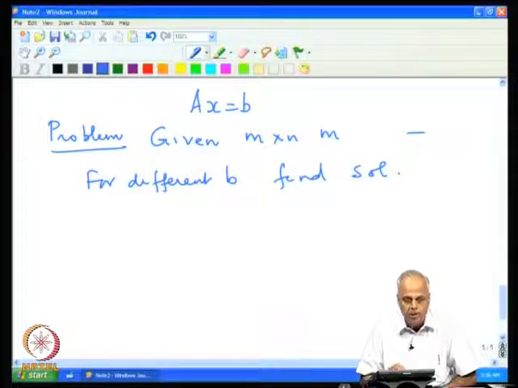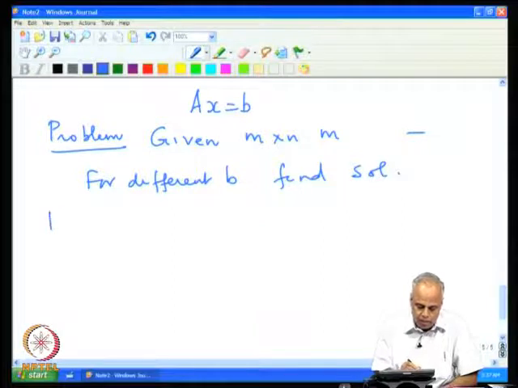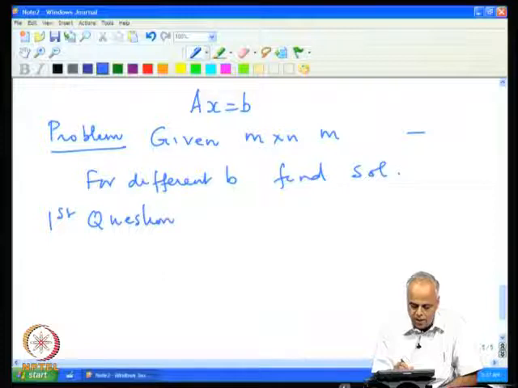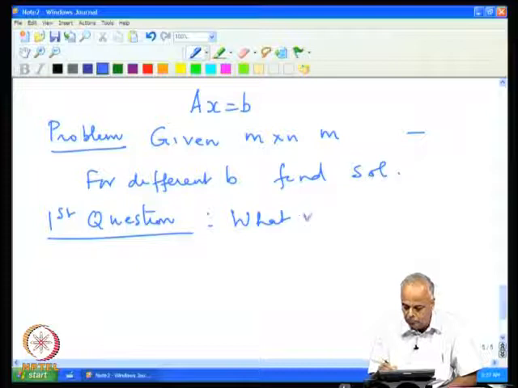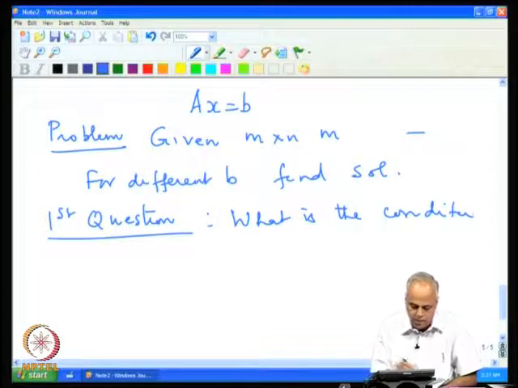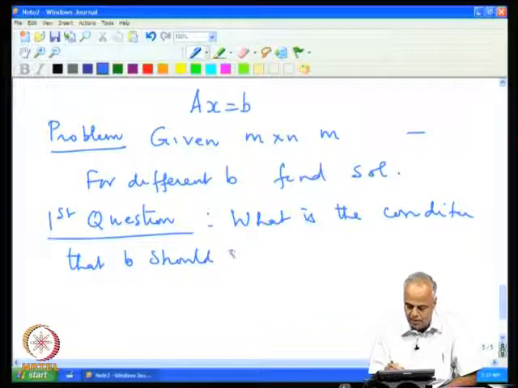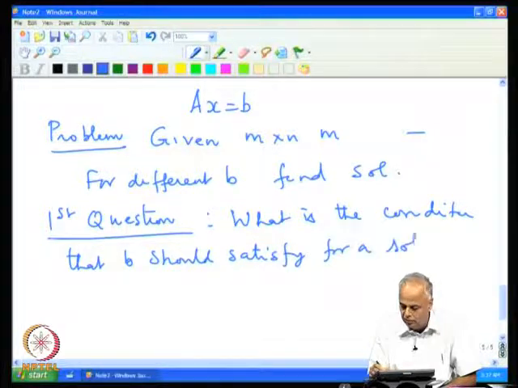We have seen that even in 2 by 2 systems we could have a situation when there are no solutions, and therefore the first main question that we have to answer is what is the condition that B should satisfy for a solution to exist.